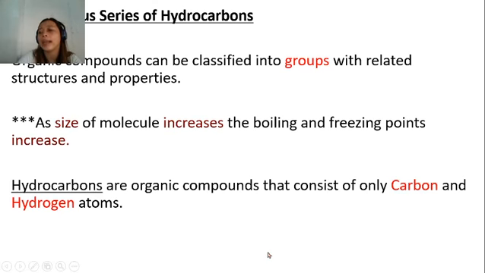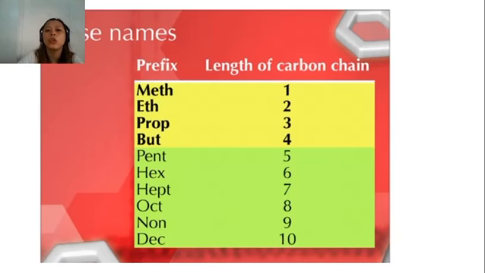That is why they are called hydrocarbons, hydrogen and carbon atoms. So, for example, there are base names for the length of the carbon chain. If 1, you have meth, 2 is eth, 3 is prop, 4 is but, 5 is pent, 6 is hex, 7 is hept, 8 is oct, 9 is non, and 10 is dec.